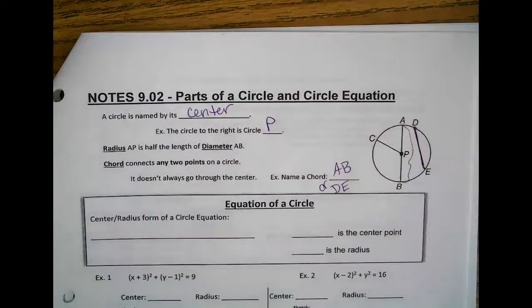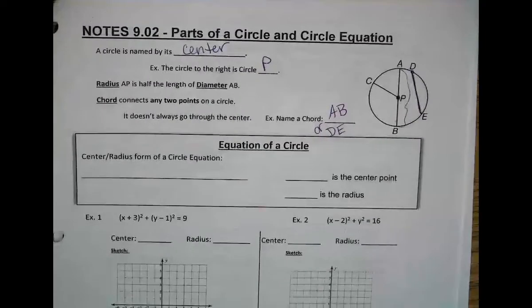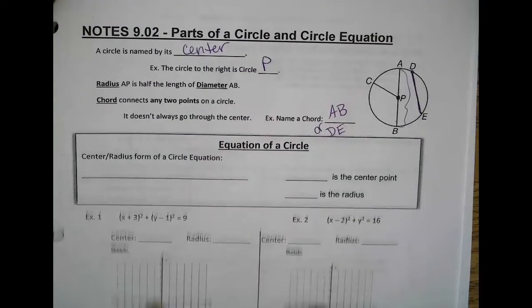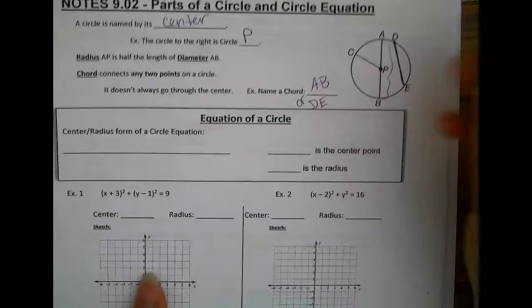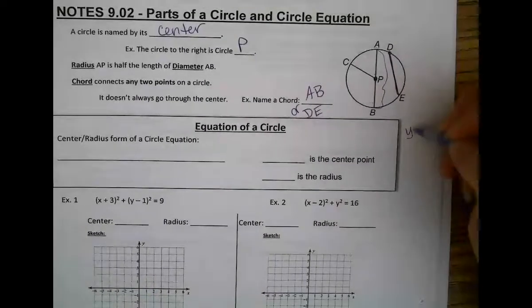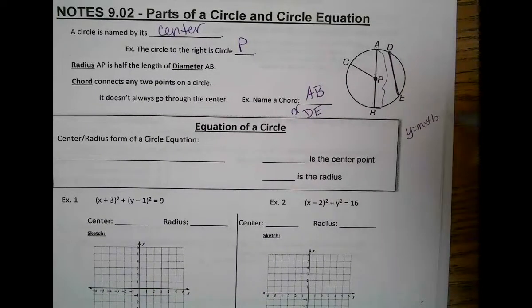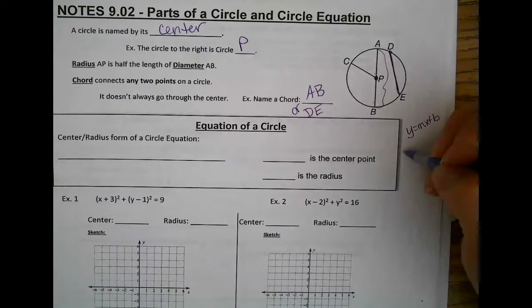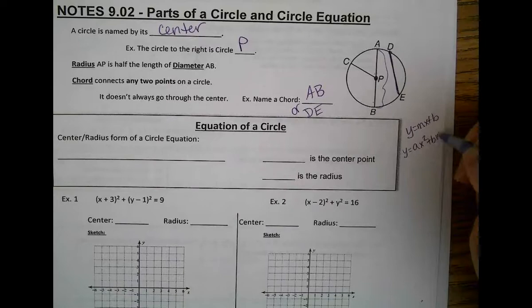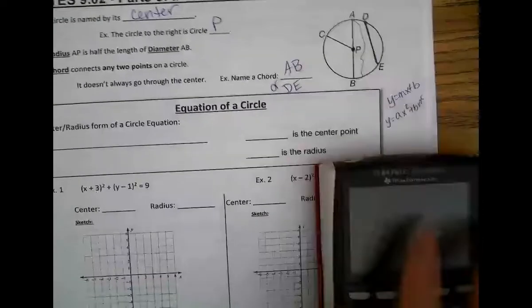And what we're going to look at today is how to put a circle onto a graph, right? So we've graphed lines, y equals mx plus b. That was a lot of middle school math. You graphed quadratics, y equals ax squared plus bx plus c, like that last one.